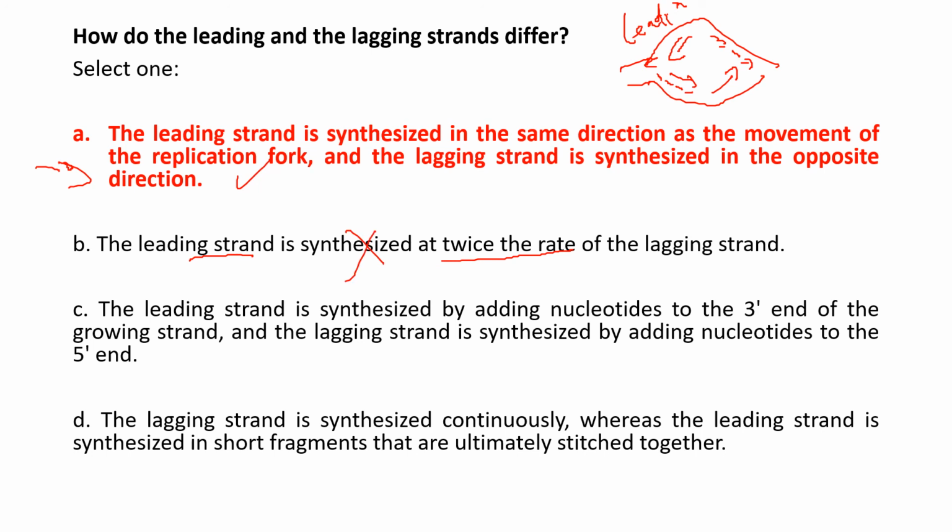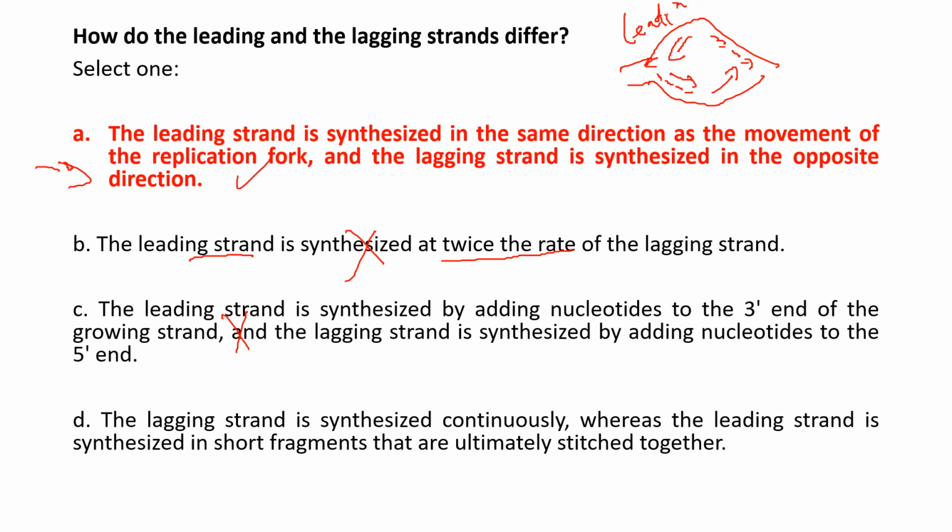C says the leading strand is synthesized by adding nucleotides to the 3' end of the growing strand, and the lagging strand is synthesized by adding nucleotides in the 5'. This is wrong. If you remember, the DNA polymerase only works in one direction, so it's not that one goes in one direction and the other goes in the other direction.